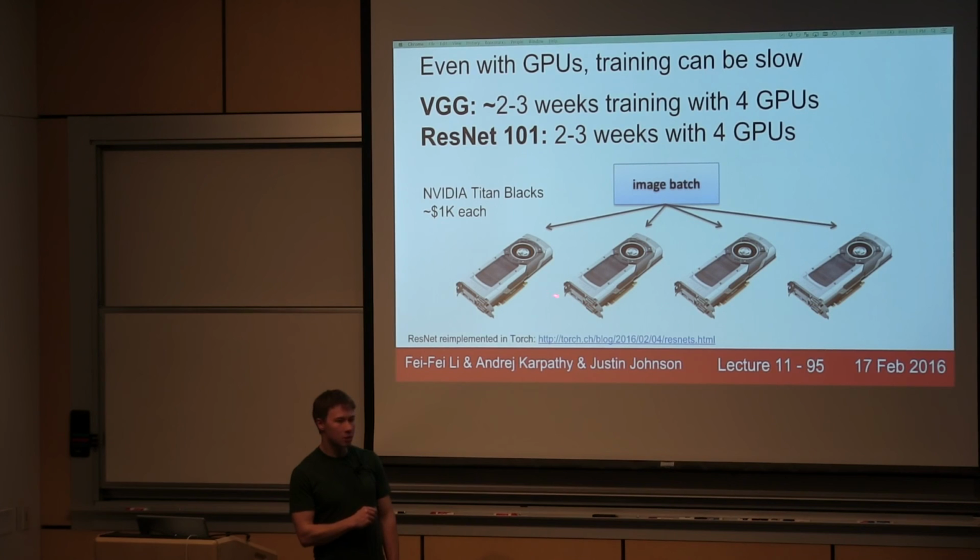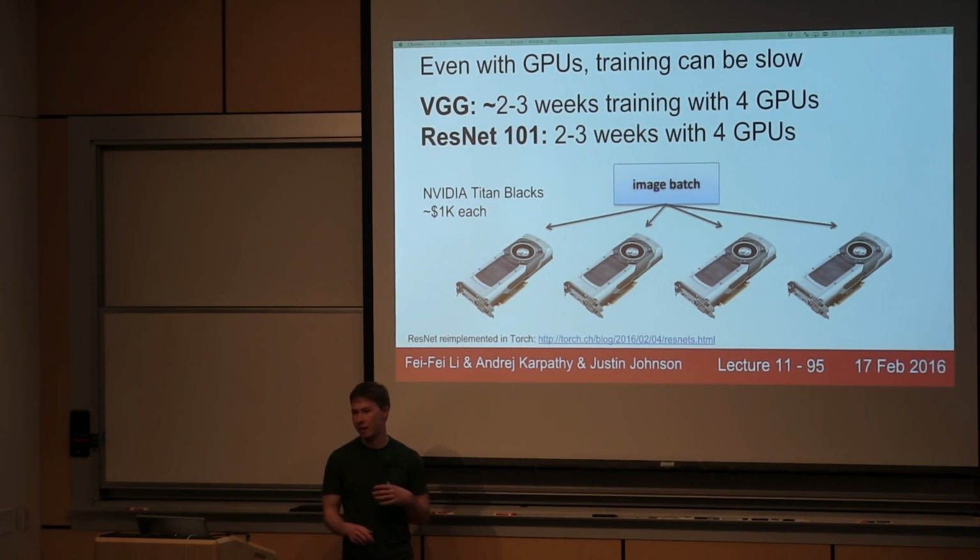You'll split the mini batch into 4 equal chunks. On each GPU, you'll compute a forward and a backward pass for that mini batch, and you'll compute gradients on the weights. You'll sum those gradients after all 4 GPUs finish and make an update to your model. So this is a really simple way that people tend to implement distribution on GPUs.